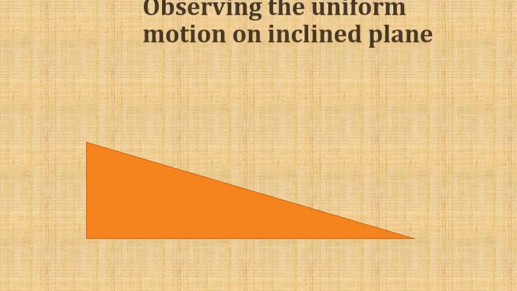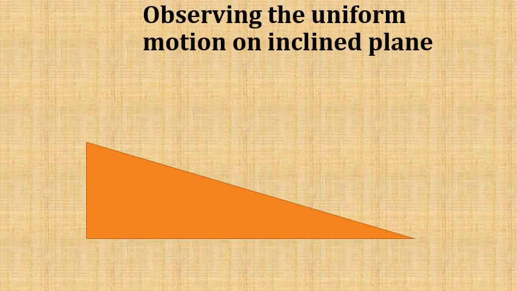Now take an object moving on an inclined plane. For that you require a steel plate or a steel scale, making an angle theta with the ground, kept on a stack. Here the steel plate acts like an inclined plane.